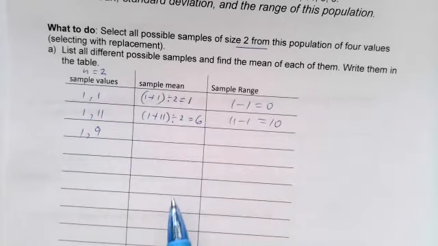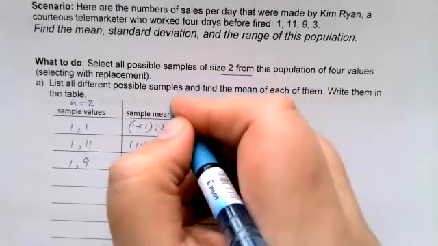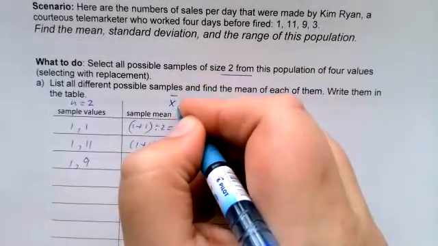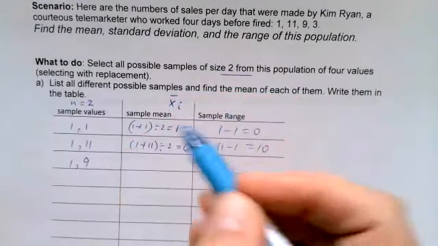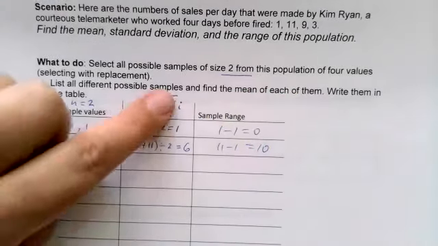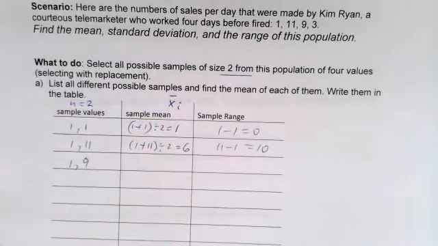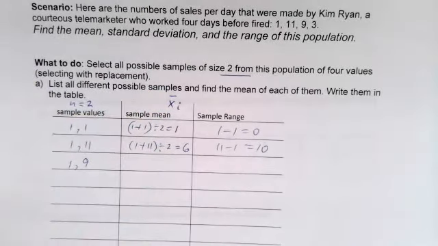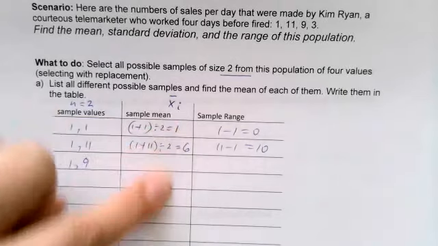So those are going to be our x values. We're going to call them x bar, the means of the samples. And this is going to be its own distribution. I want you to look at that distribution and analyze it.